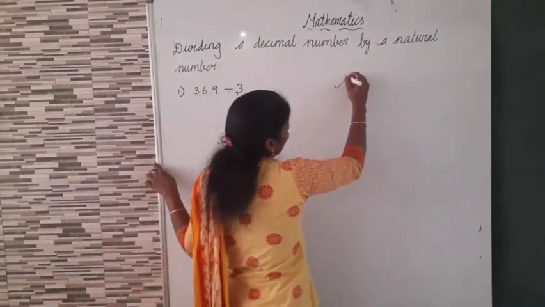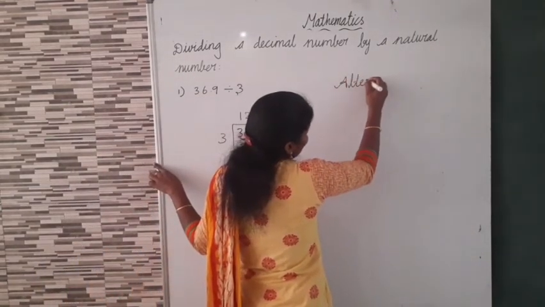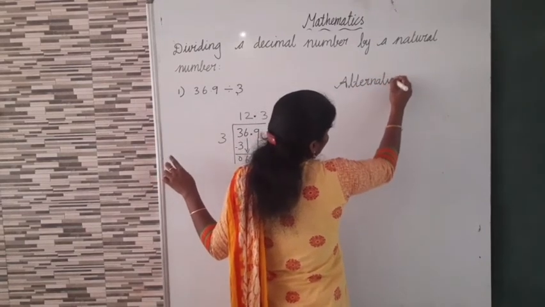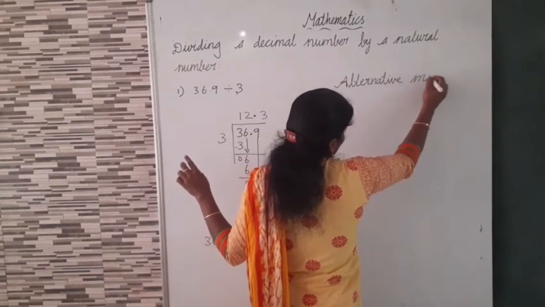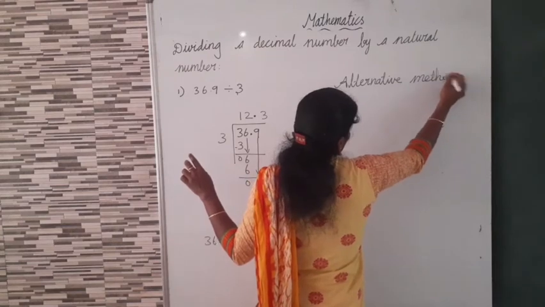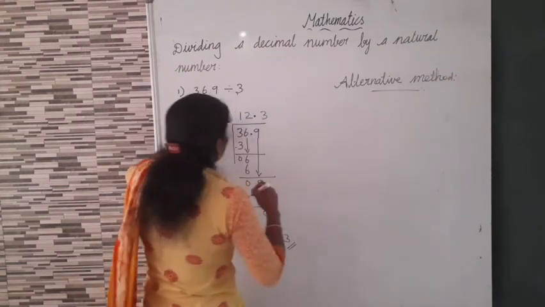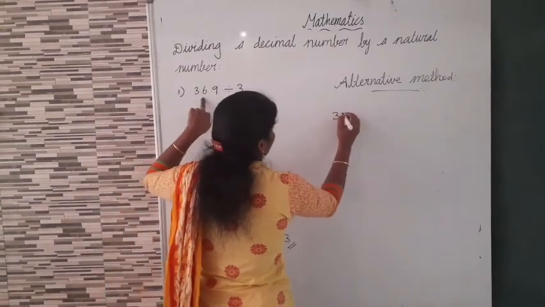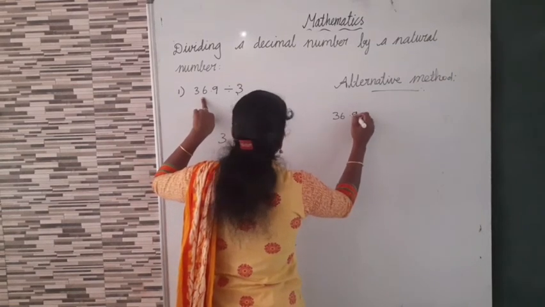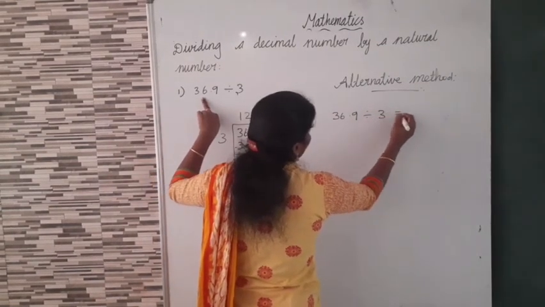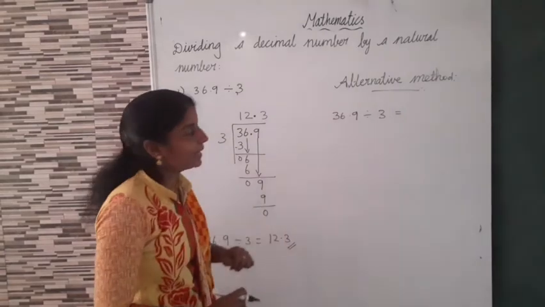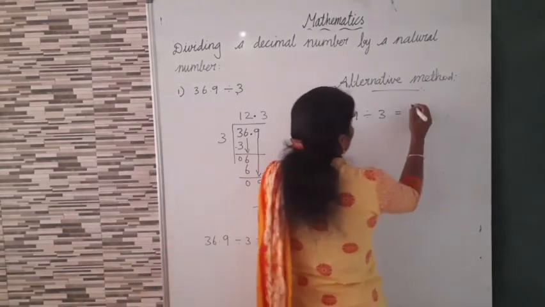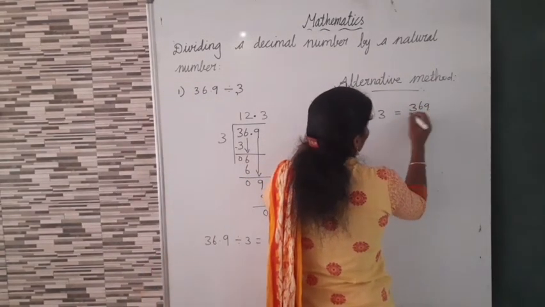Then we have another method, an alternative method. How can you do this method? Here 36.9 we can write in decimal form. 36.9 written in decimal form means 369 with 1 digit after the point.